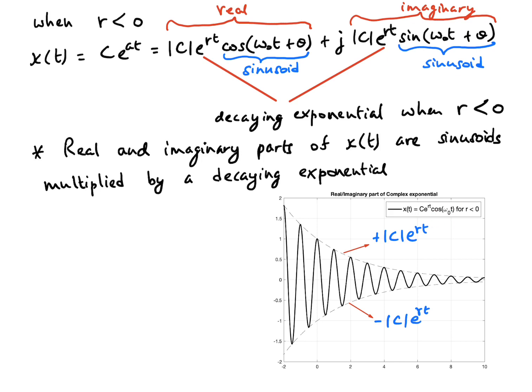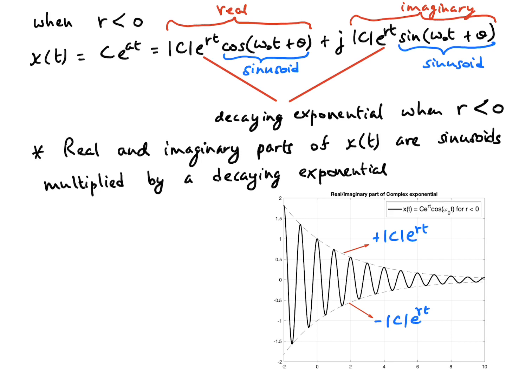Similarly, we can have it for the imaginary term, with the sine waveform starting from 0. Again, as before, the upper envelope is the positive magnitude of c e power rt, and the lower envelope is the negative magnitude of c e power rt.